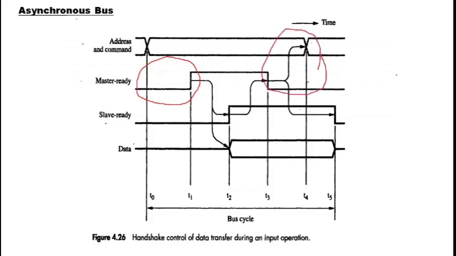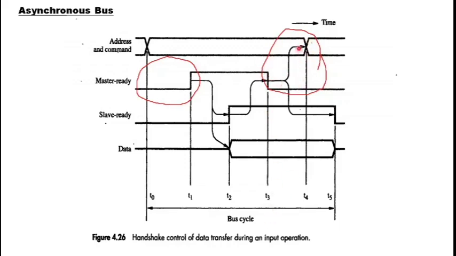Okay, so you can see there is a certain delay introduced between the point where master ready terminates and the point where the address and command signals actually change, right? So at T4 the master removes address and command from the bus, but it had removed master ready already at T3. This is again to compensate for skew.